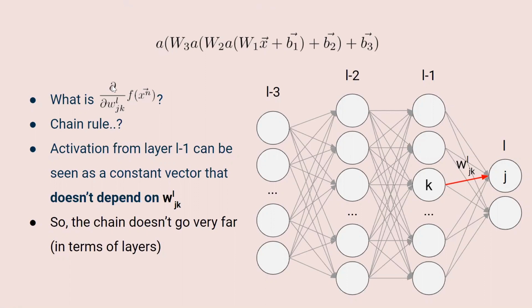So imagine if you took a derivative with respect to a certain weight, for example, here I have the weight in layer L going from neuron K to neuron J. It's the one in red, right? If I took the derivative with respect to that specific weight, for a weight in this layer that's towards the end, it actually isn't so bad, right?